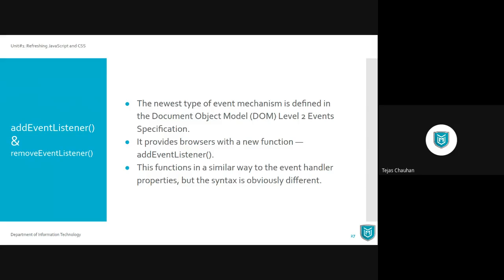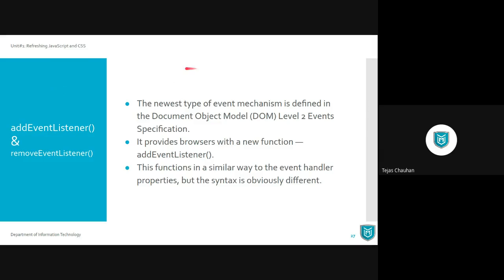It provides two functions, addEventListener and removeEventListener. Now this works similarly to the previous thing we have seen, the event handler property. Both are almost the same, it works the same, but the syntax is different, right?